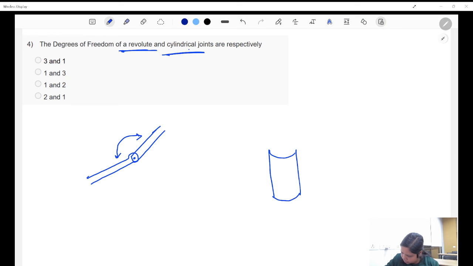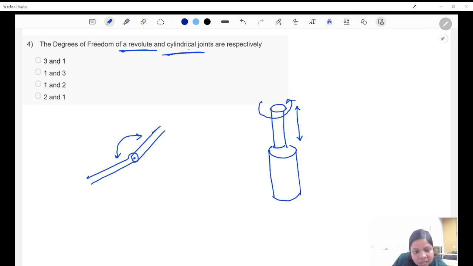You have a joint like this, and let's say you have this. Yeah, up and down is true. So up and down is 1 degree of freedom, right? Up and down is along an axis. So it is 1 degree of freedom. One more, what is there with cylindrical? It can also rotate.